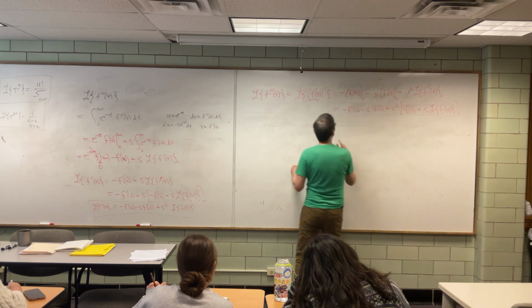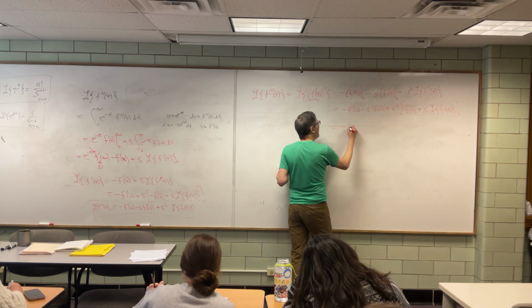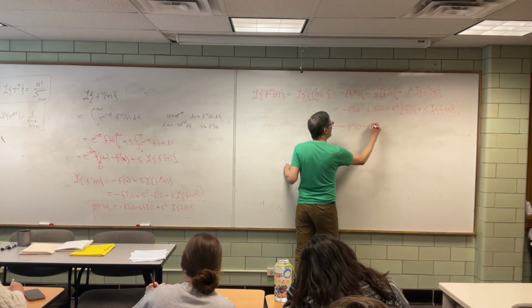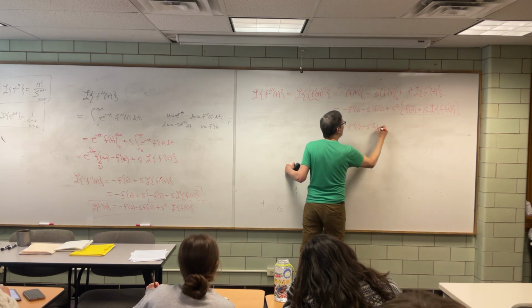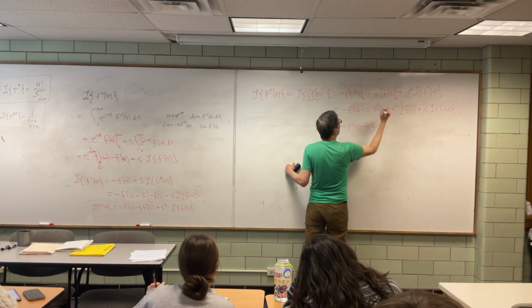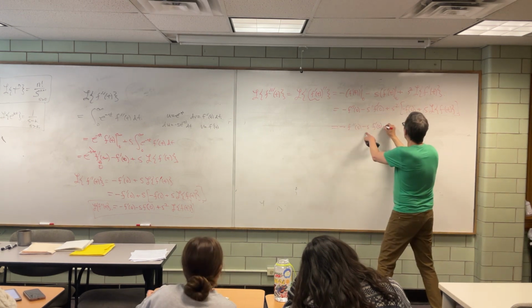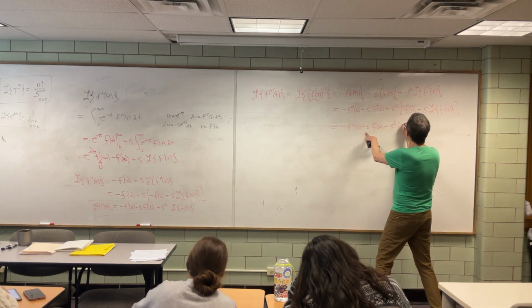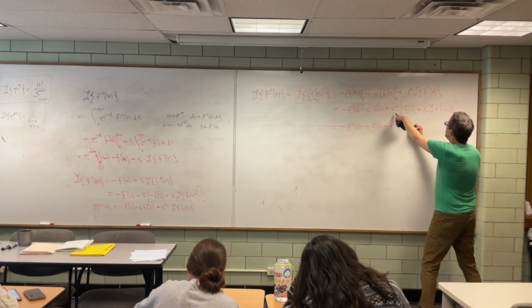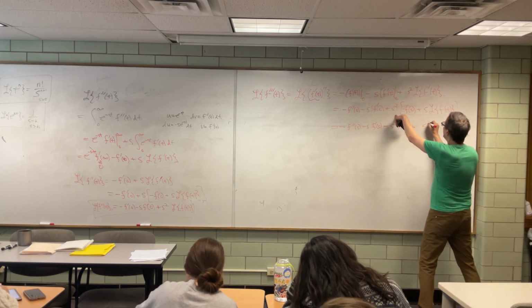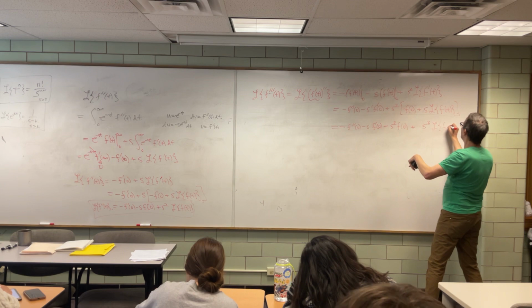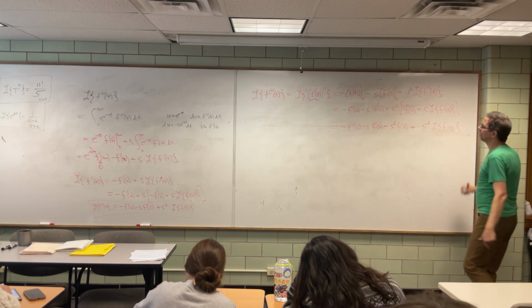And when I make this whole pretty formula out, it's negative f double prime at 0 minus s f prime at 0, and then minus s squared f at 0 plus s cubed times the Laplace transform of f of t.